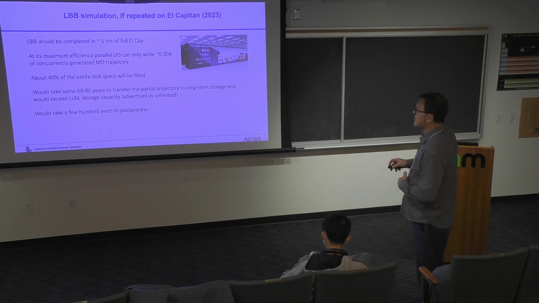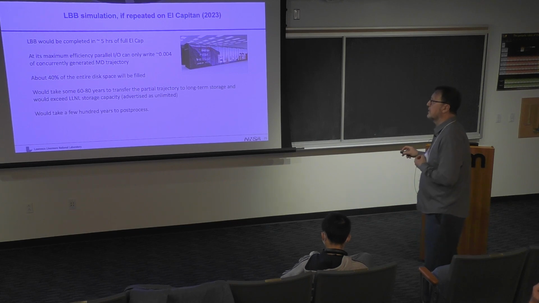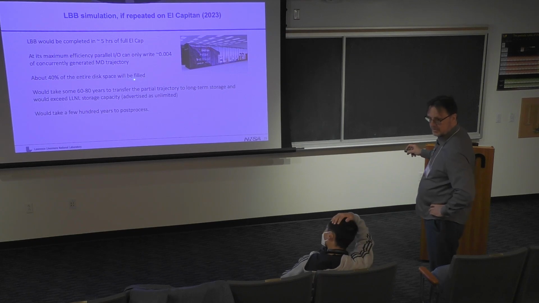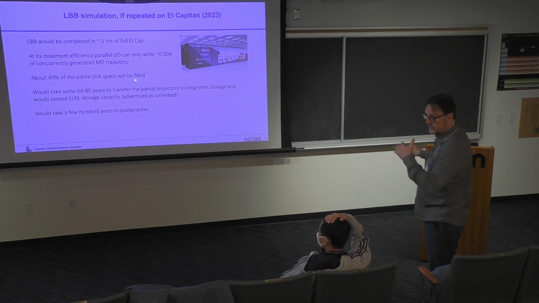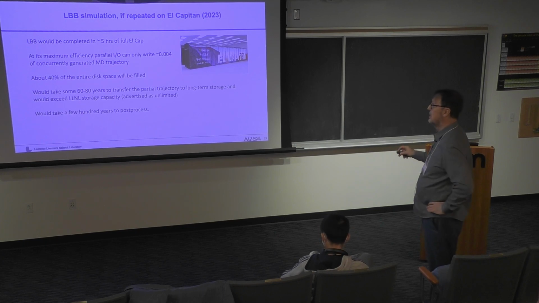Now, going to El Capitan, which should come online at the end of this year, the same simulation would take approximately, give or take, 5 hours on the full El Capitan. At its maximum efficiency, parallel I/O running concurrently with the simulation itself would only be able to write about that much of the trajectory, so you're irrevocably going to lose much of it anyway, whatever you do.